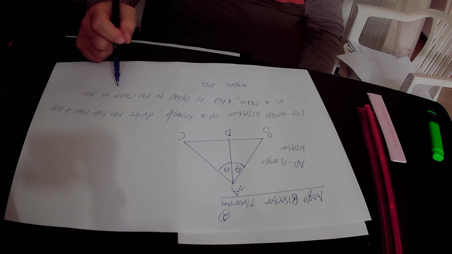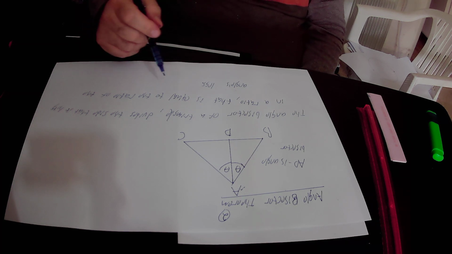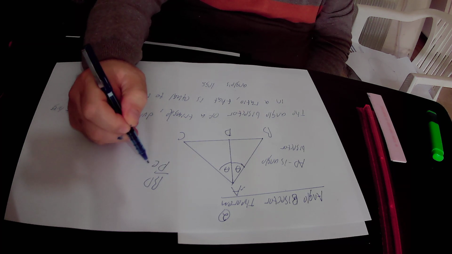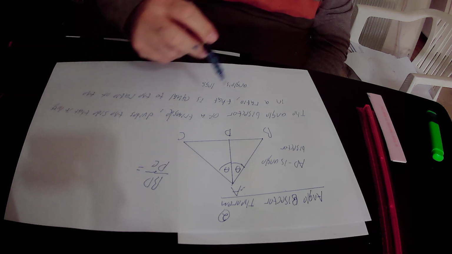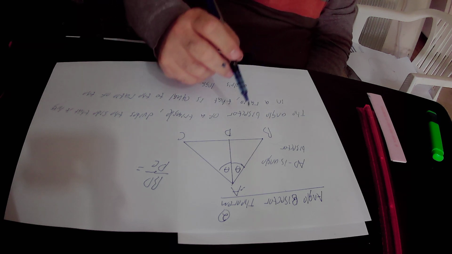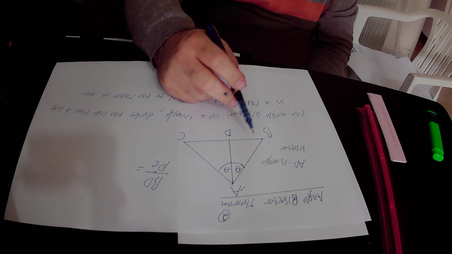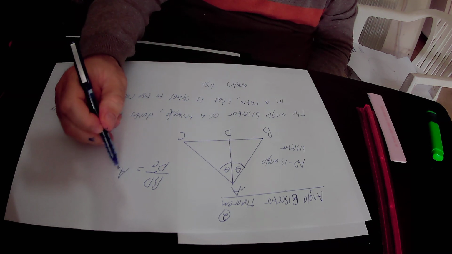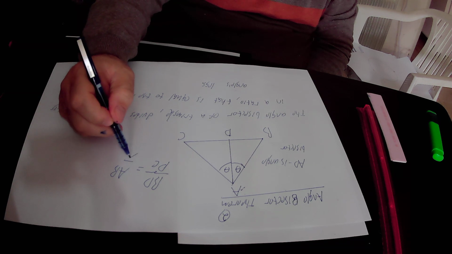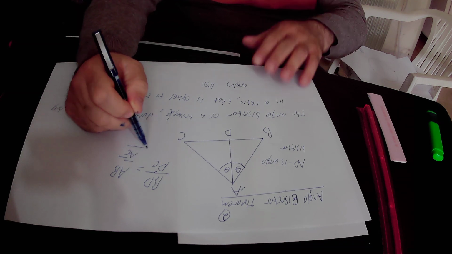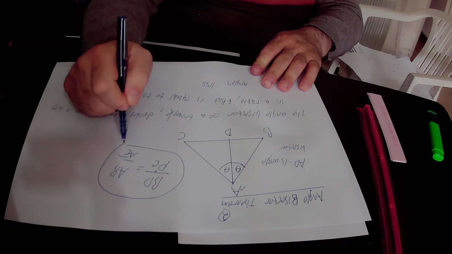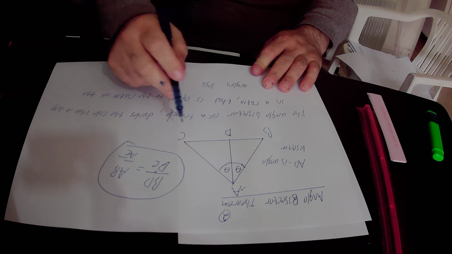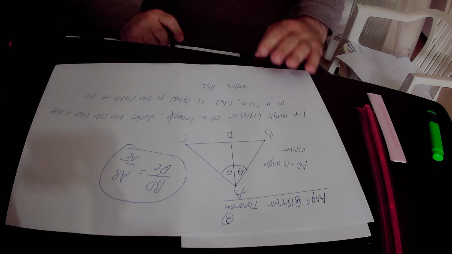And the ratio between those two parts, BD over DC, equals the ratio of the angle's legs. The angle's legs are AB and AC, and the ratio between them is AB over AC. In conclusion, according to the angle bisector theorem, AB over AC equals BD over DC. Okay?